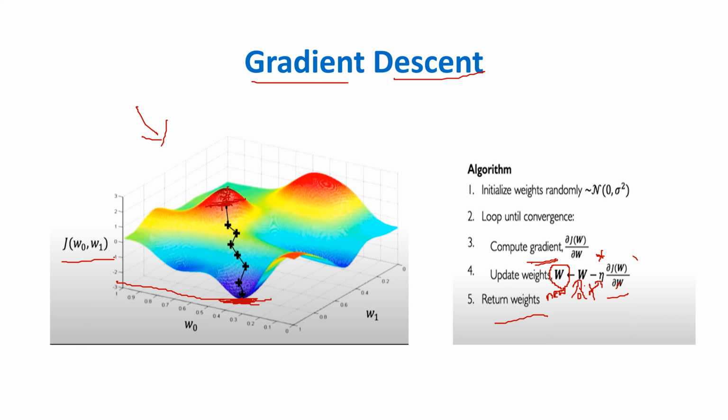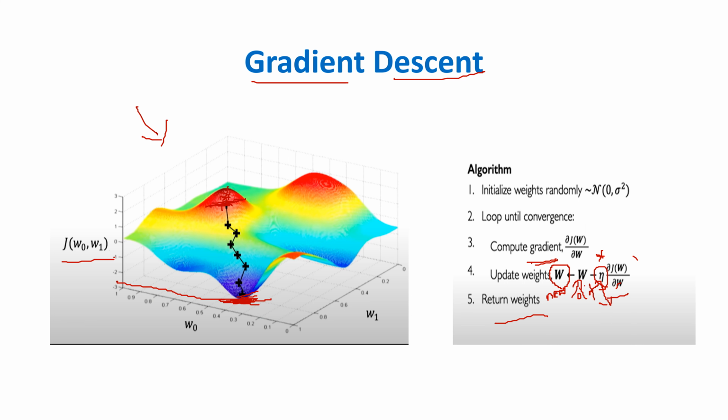And then we will loop until convergence, right? We will just do it again and again and again. So we will climb down the hill till we reach the global optimum, or the local optimum value of the cost. That's what gradient descent is about. We have not seen the learning rate so far, we'll deal with it shortly.